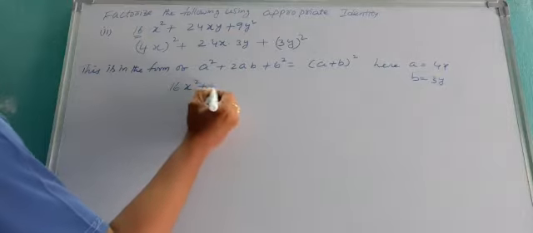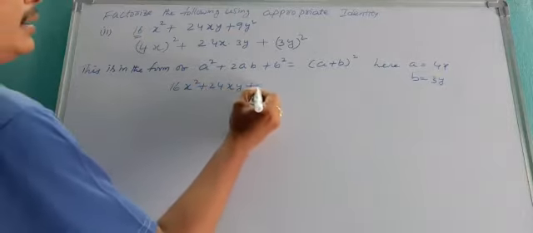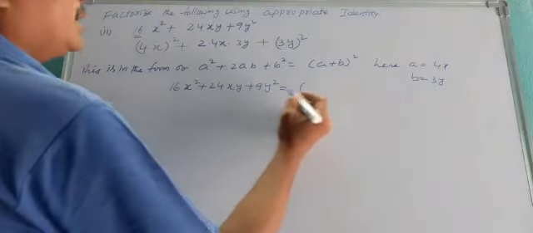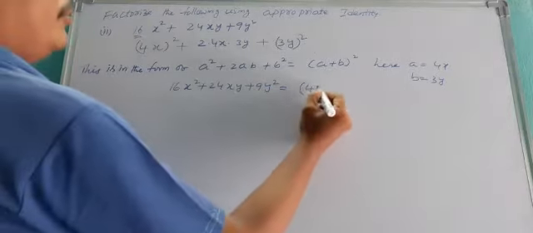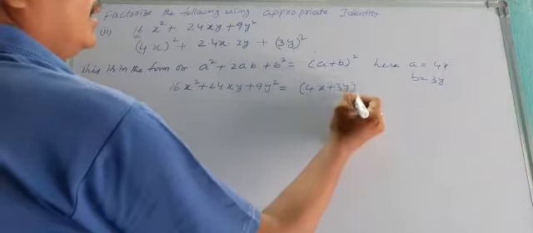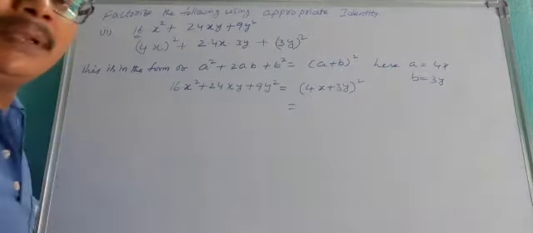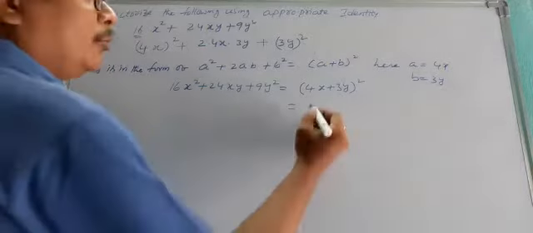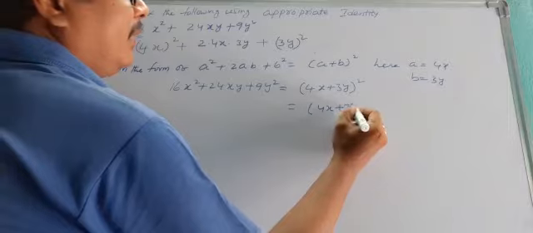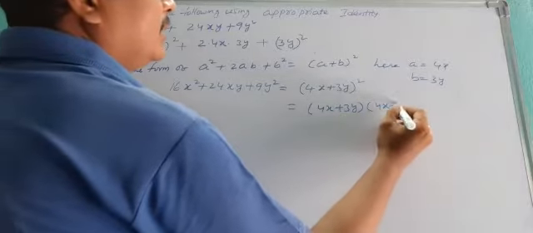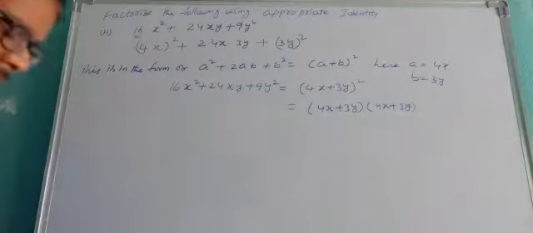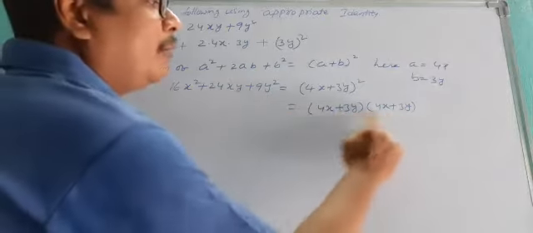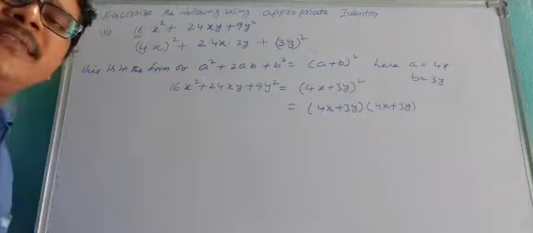The given polynomial 16x square plus 24xy plus 9y square can be expressed as (a plus b) whole square, that is (4x plus 3y) whole square. So 4x plus 3y is multiplied two times, that is (4x plus 3y) into (4x plus 3y). So the given polynomial can be expressed as a product of two polynomials. This is known as factorization.